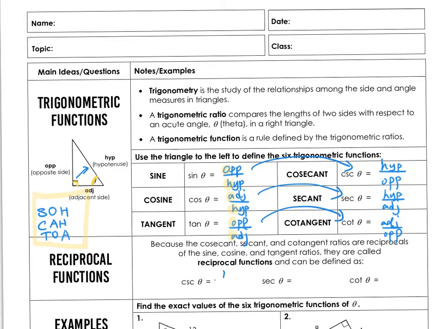In other words, 1 over sine theta gives me cosecant, 1 over cosine theta gives me secant, and cotangent is simply 1 over tan theta. So these are called reciprocal functions. Obviously, it's a function because we have an equal sign there. All I did was flip the numerator with the denominator, and I arrived at a new concept.